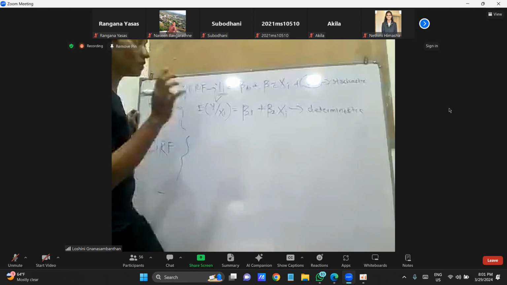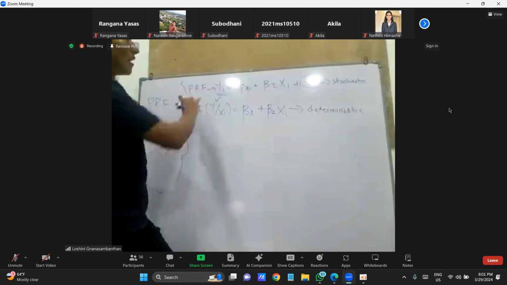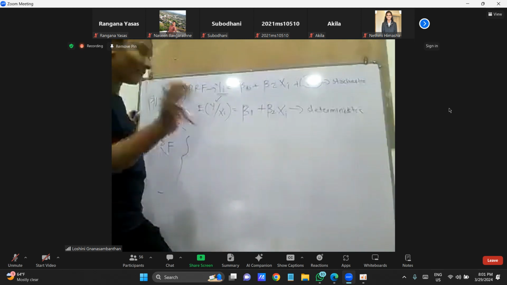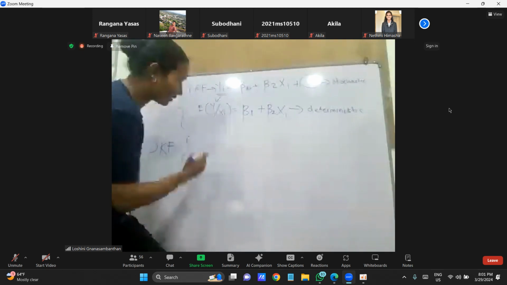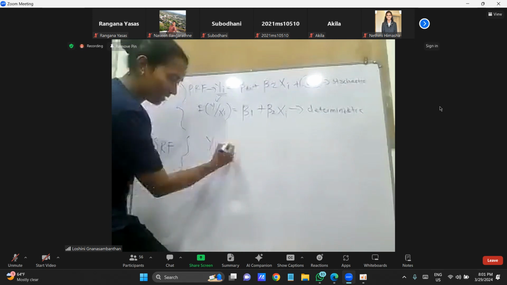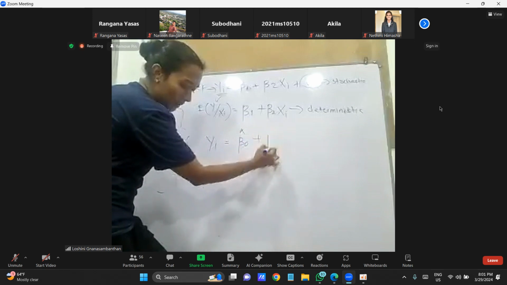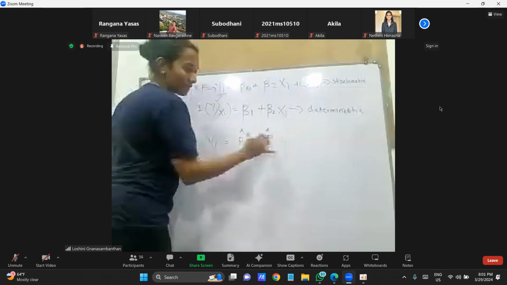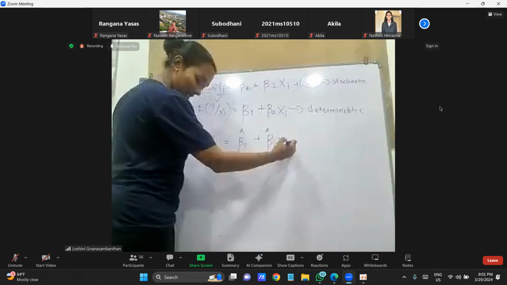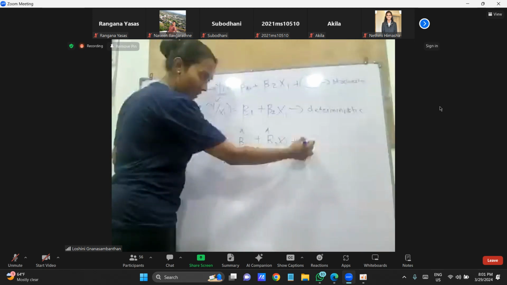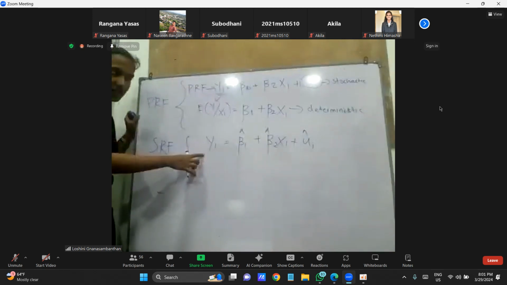Then the sample regression function. How we denote these will be a bit different, only by the hat sign. So the sample regression function, stochastic version, we can give as Yi equals beta 1 hat plus beta 2 hat Xi plus ui, since it is the stochastic version, you have the error term.